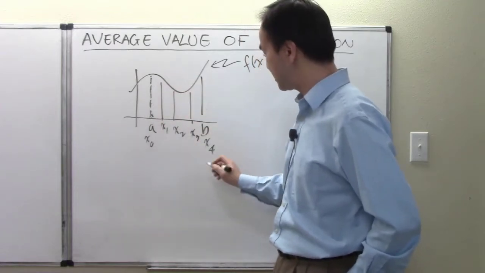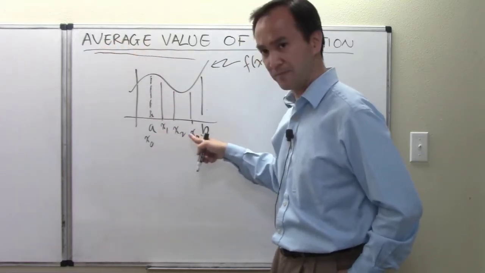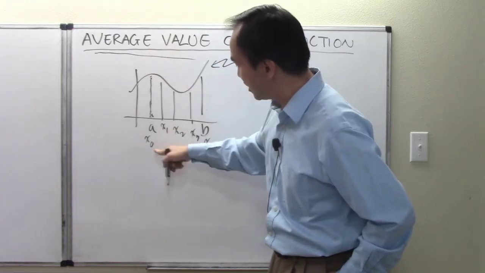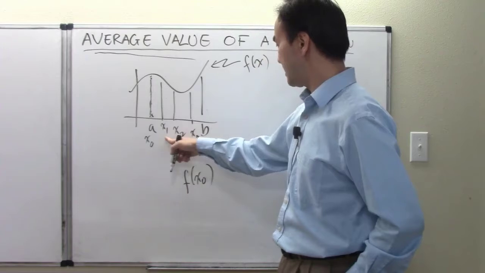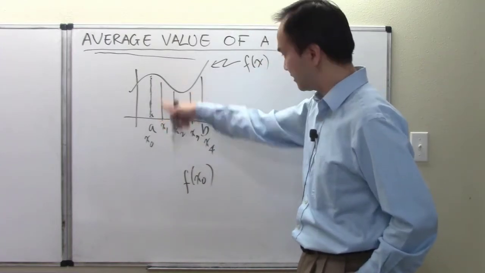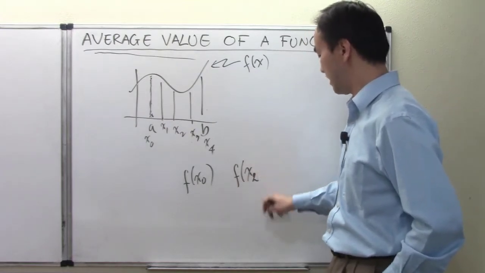And in that case, the average value on this set of function outputs, this height right here is f of a, or f at x0. That particular height, visually displayed on the graph, is the function output at x1.